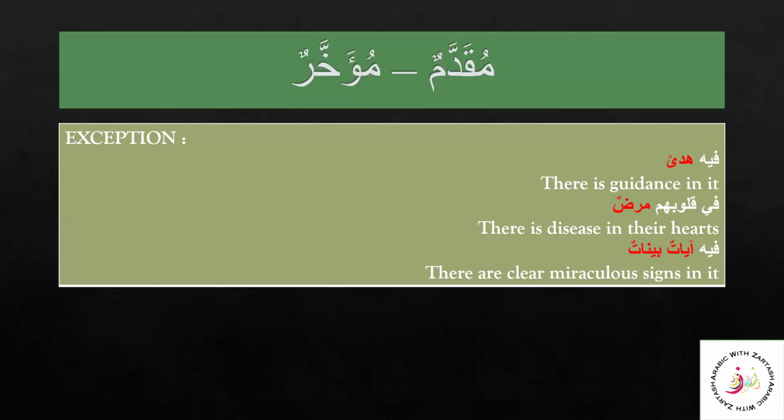Fi qulubihim maradun, there is disease in their hearts. It is about the hypocrites, that they don't have a single disease, but there are many diseases in their hearts. Fihi ayatun bayyinatun, in the ayah it is talking about the miraculous signs of the Kaaba, like Maqam Ibrahim, and there are clear miraculous signs in it.